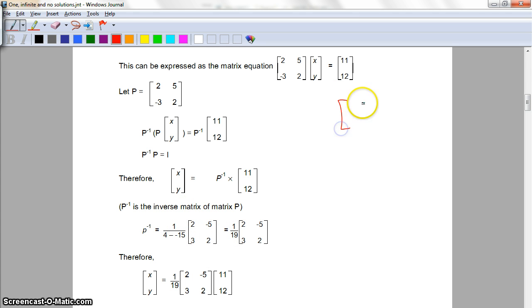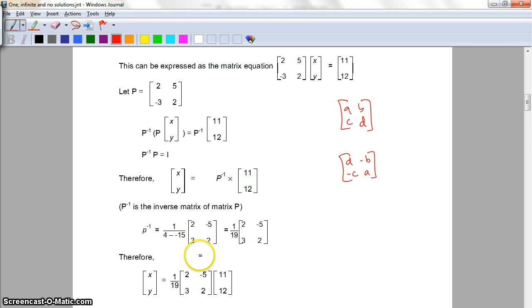So if we have a matrix of, say, A, B, C, D, the inverse matrix will be: you swap D and A, and you make B negative and C negative. I don't really want to get into why, but if you multiply those two together, you'll get the identity matrix, which is what we're after. For our purposes, you just need to know that you swap those two numbers, and you make this number negative and this number negative.